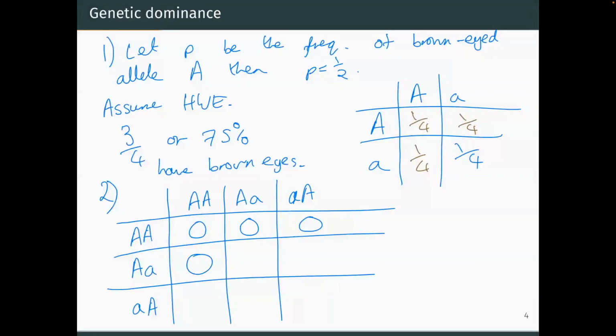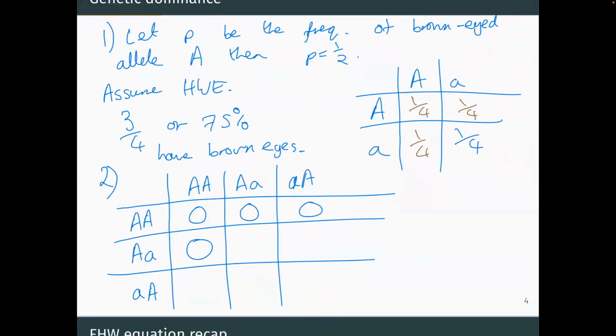So that's 4 possible ways to get 2 little a's, and we have 4, 8, 12, 12, 12, so 36 possible children, so to speak, so 36 possible combinations, and only 4 of them can be little a. So 4 over 36 is our ratio for blue-eyed, or our percentage of blue-eyed.